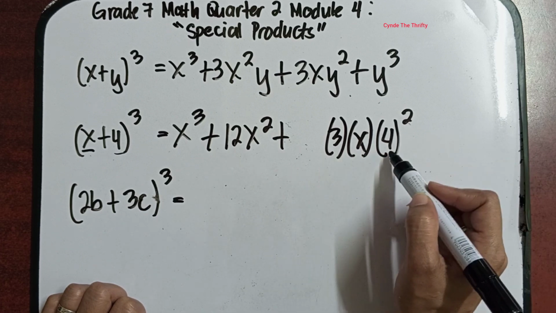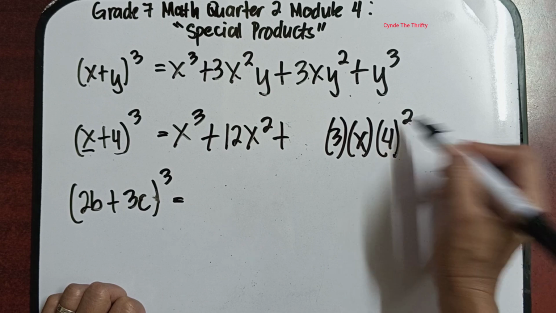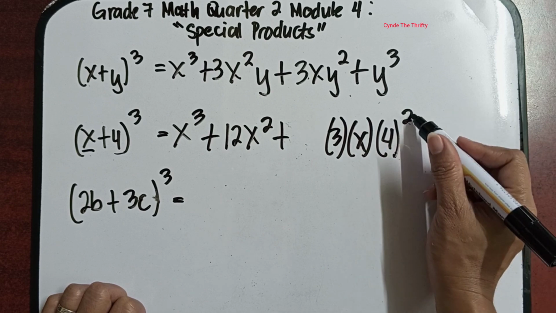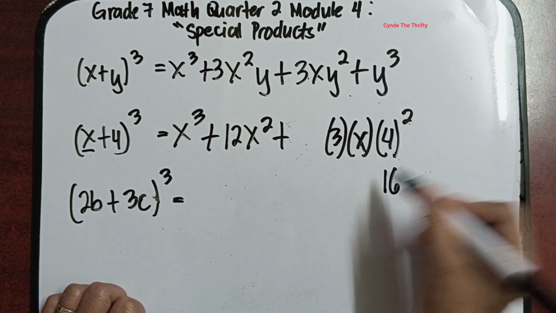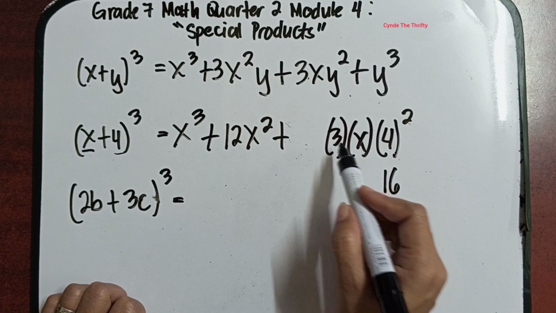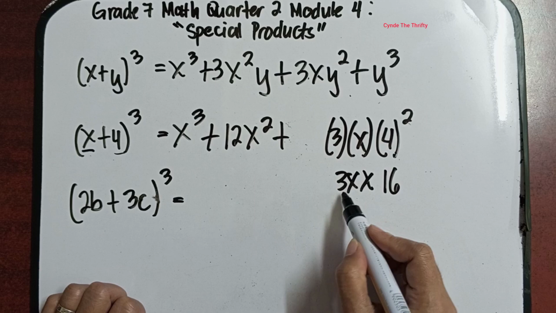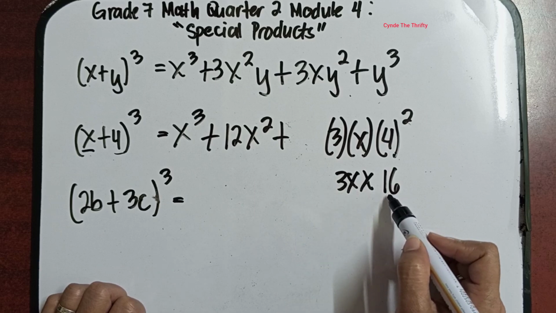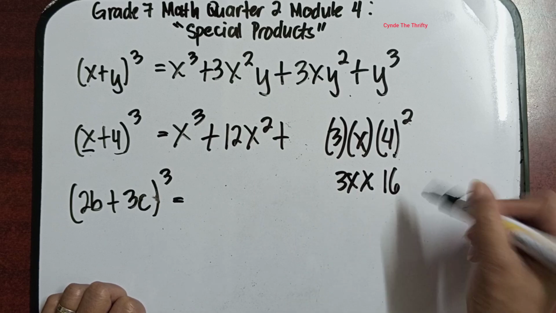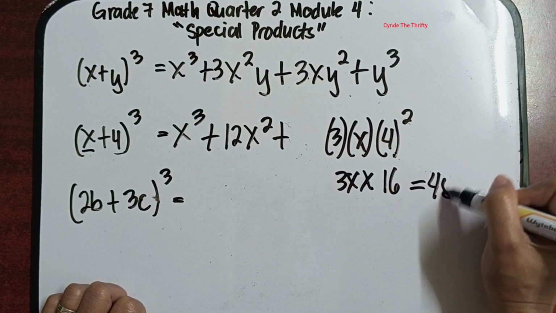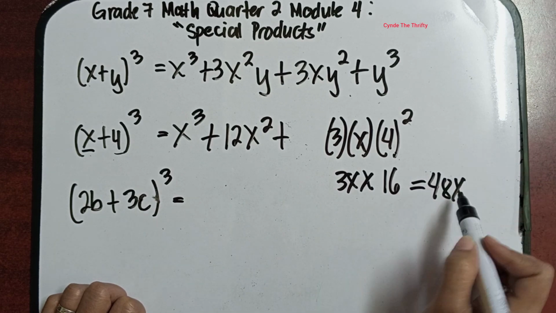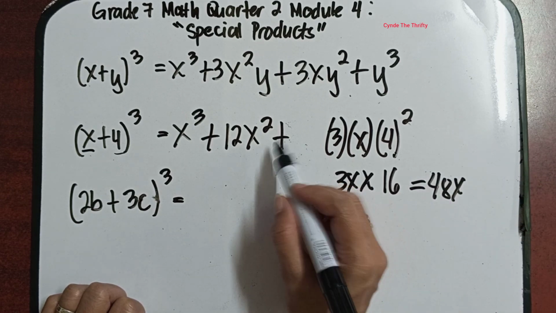So, i-multiply na natin siya. So, 4 squared is equal to 4 times 4. So, 4 times 4 is equal to 16. And then, 3 times x is equal to 3x. So, i-multiply natin siya. 3 times 16 is equal to 48. So, 48x. Okay, so 48x ang sagot natin dito sa sunod.